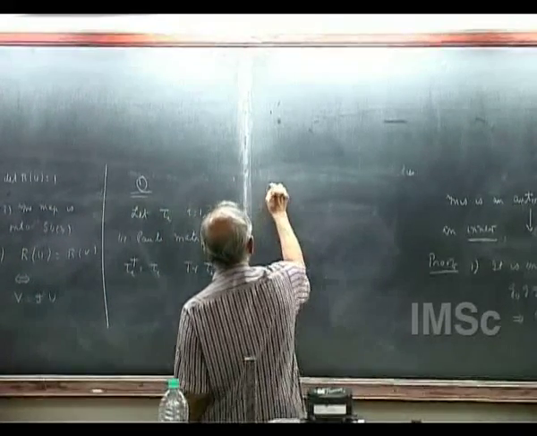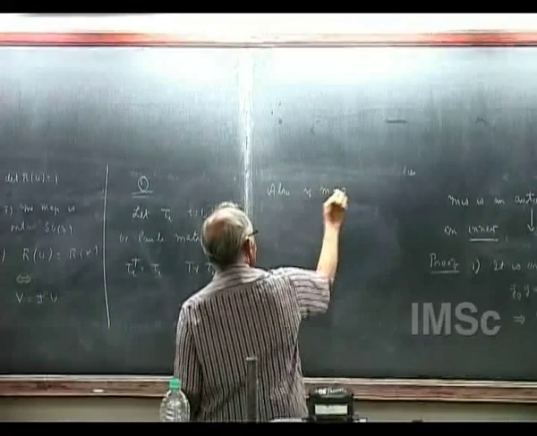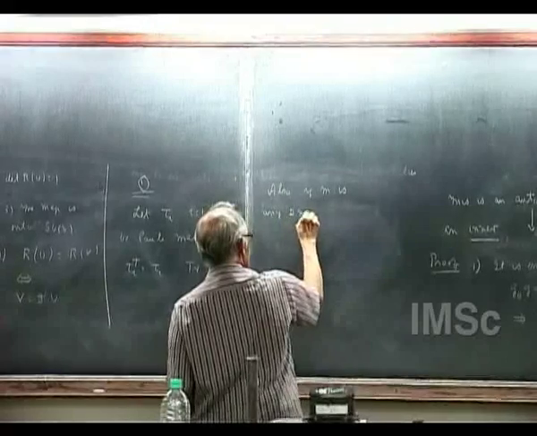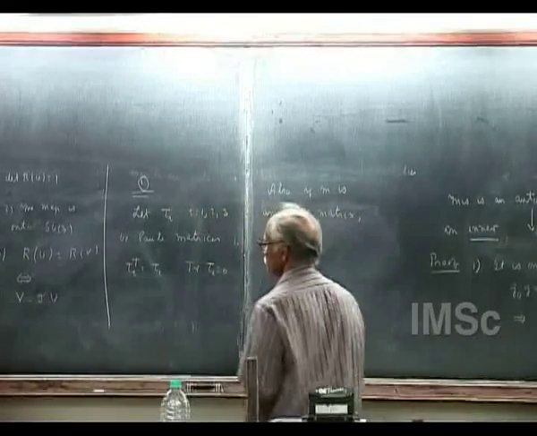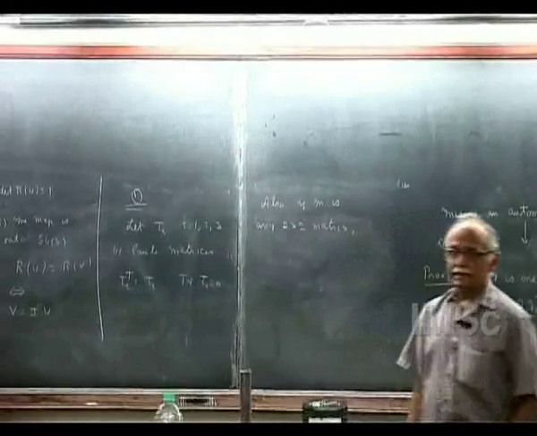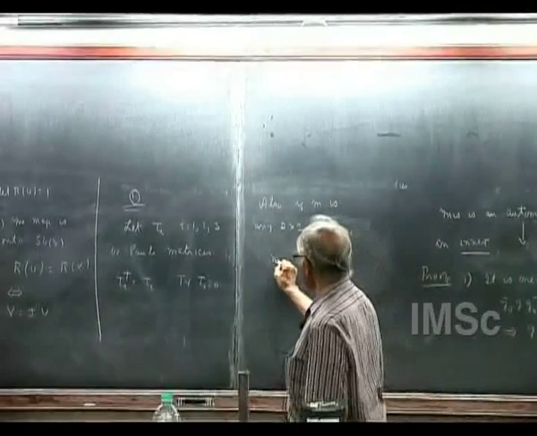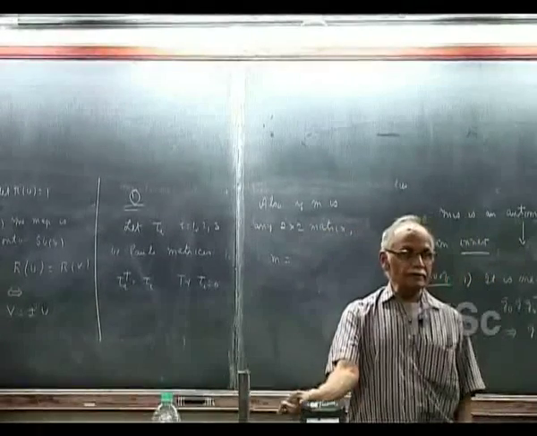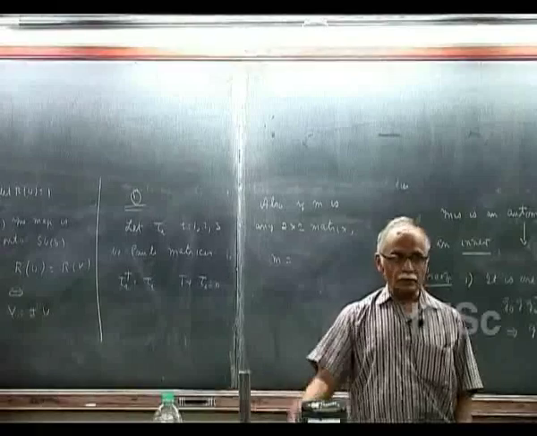Also, if M is any 2 cross 2 matrix, take an arbitrary 2 by 2 matrix, we know that the space of 2 by 2 matrices is 4-dimensional over complex numbers.